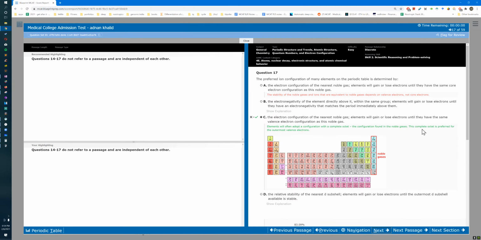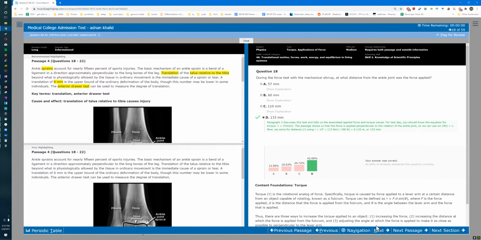C says same valence electron configuration. You want it to be the valence electron configuration because the core electron stuff doesn't really matter. It's about the valence electrons. That's a bad explanation. I'll do a better one next time I see you.